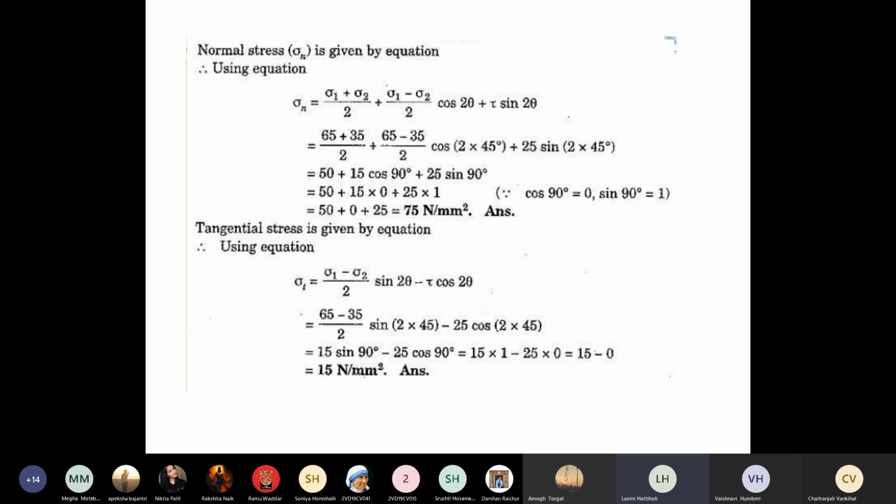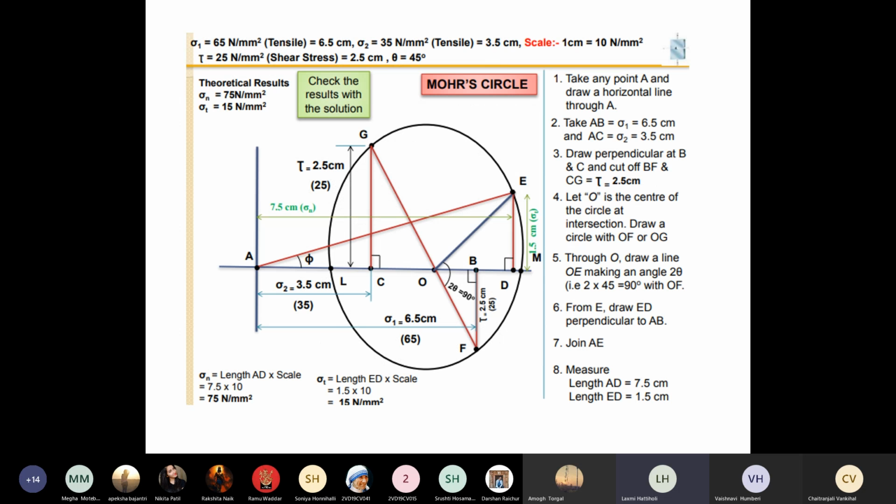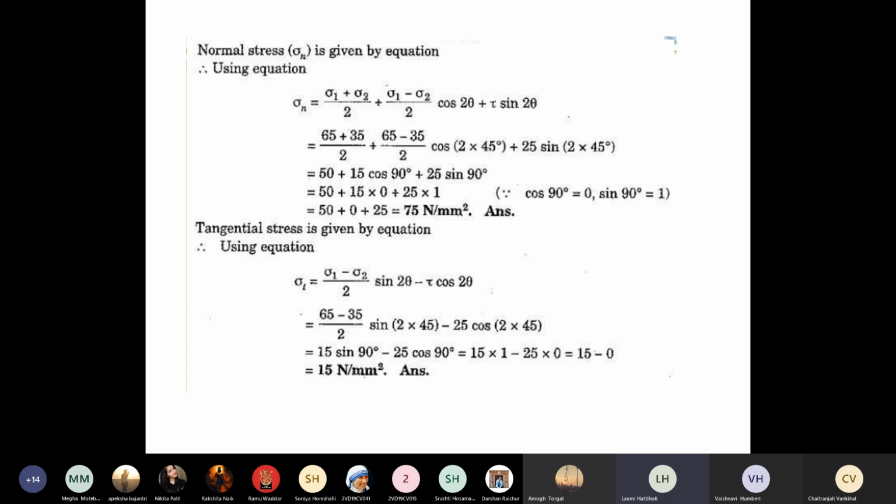They have asked you to find the normal stress and the tangential stress. You know the formula for the normal stress. I have written the sigma n formula here. According to you, I had taken the notation of sigma x and sigma y, but instead of sigma x, sigma y, they have written sigma 1 and sigma 2.